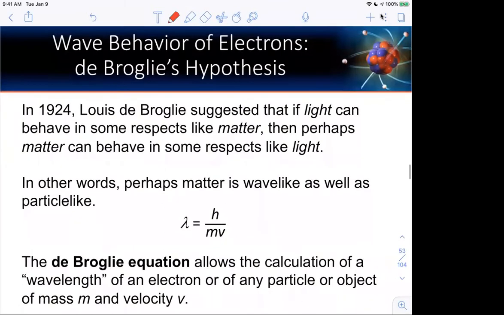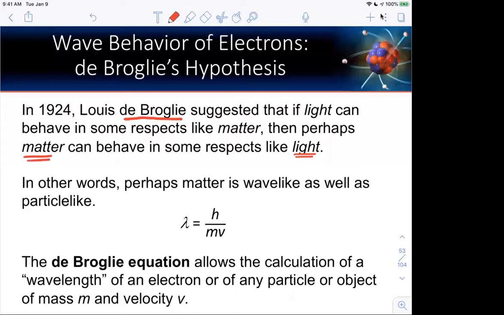Now, in 1924, de Broglie suggested that if light can behave in some respects like matter, maybe matter can behave in some respects like light.